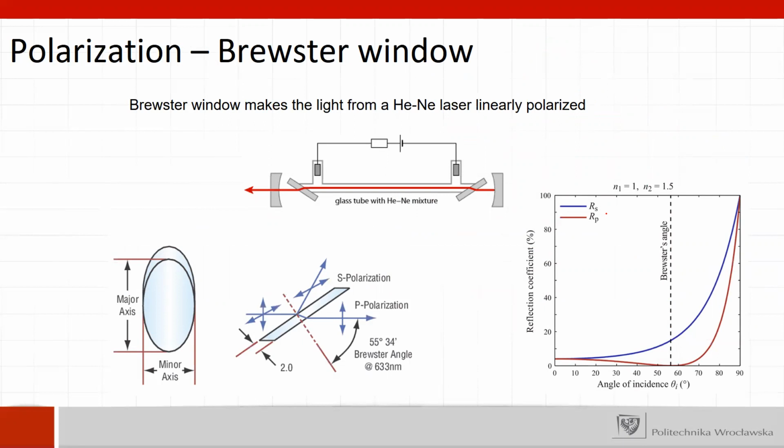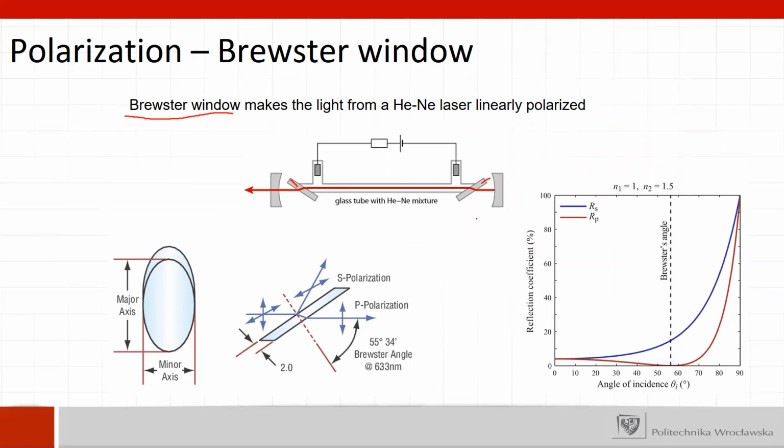I said earlier that there is a component of the helium neon laser which is called the Brewster window. It is placed here on both ends of the resonator.